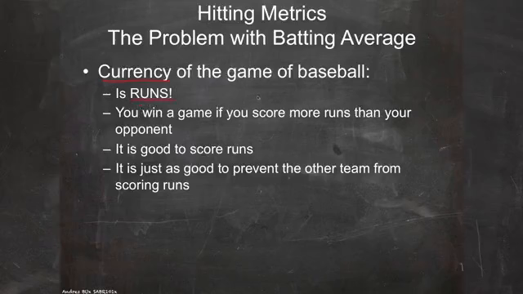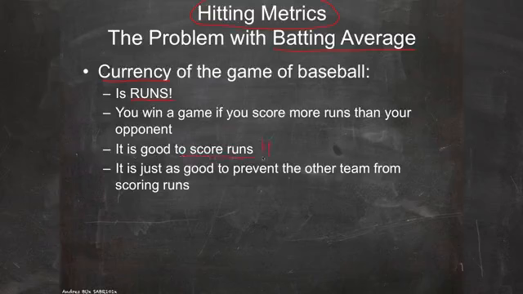But when we're talking about hitting metrics, when we're talking about measuring offense and various hitting metrics that are out there, like batting average, which we just defined, we have to talk about how well these statistics, these numbers, like batting average, represent this idea of scoring runs for your offense.